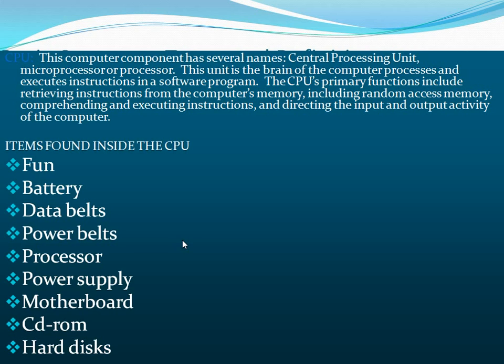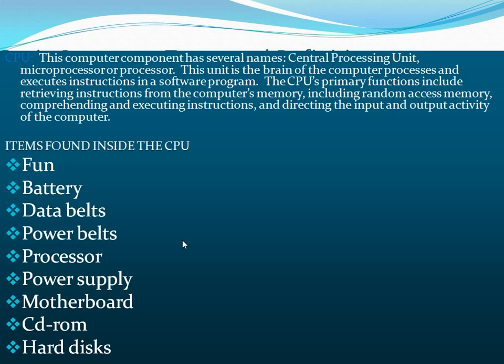So these units, when you sum them up, the processor, the microprocessor, and the processor itself, are what we call the brain of the computer. That is the fundamental, that is the core of the computer, the processor. So you have to be able to define that a processor is the brain, is the core, is the foundation of a computer.